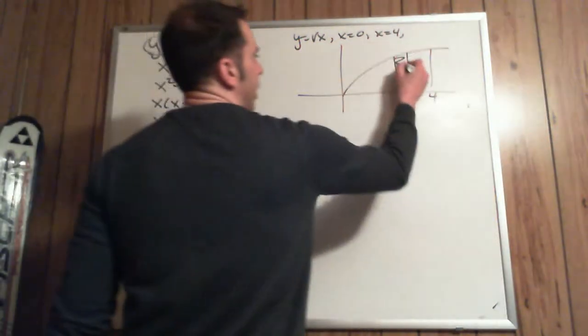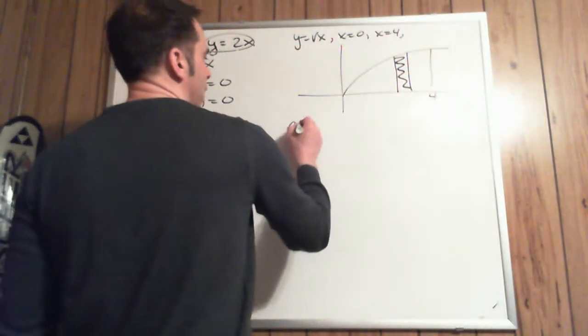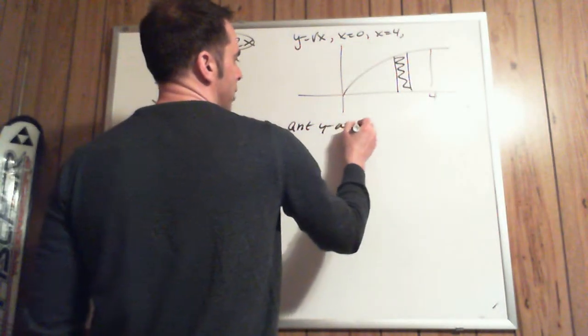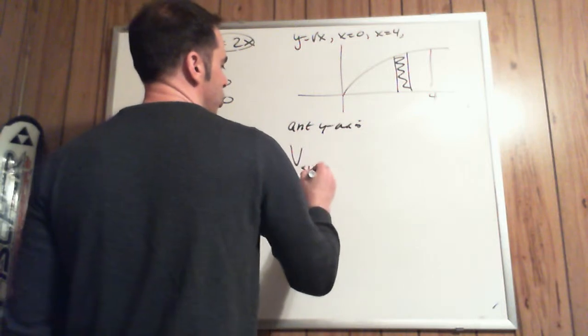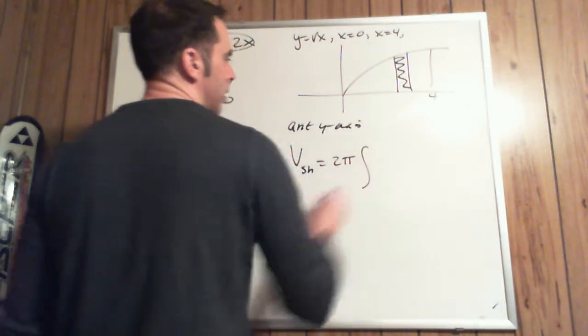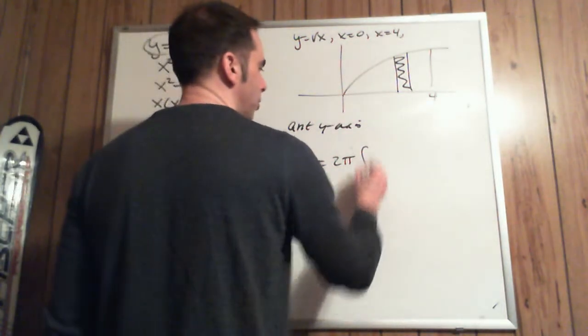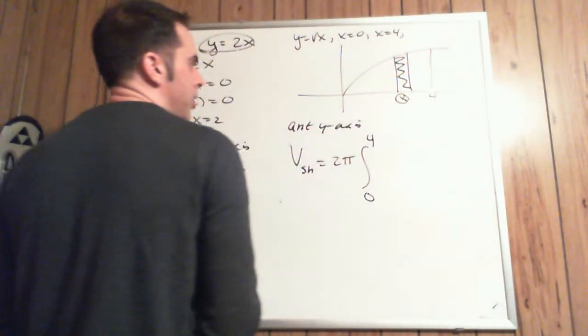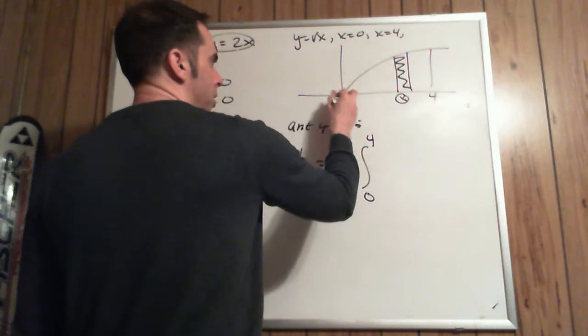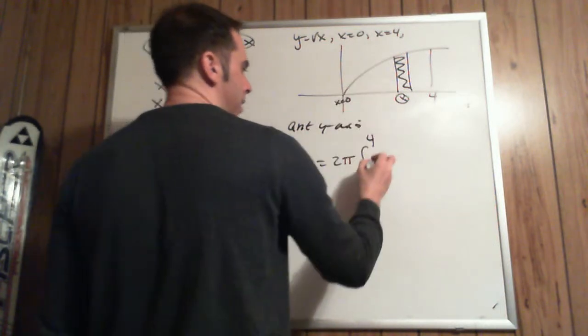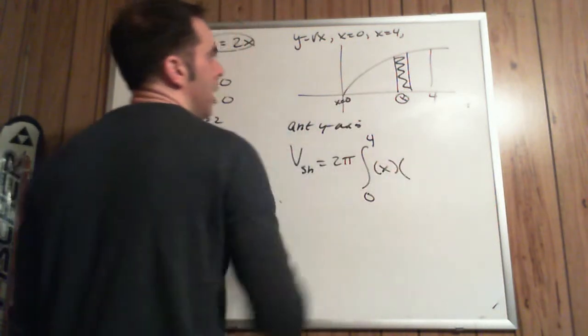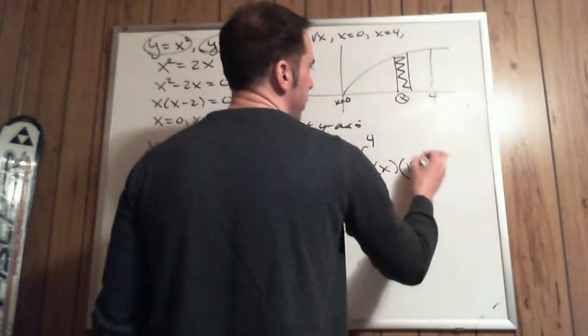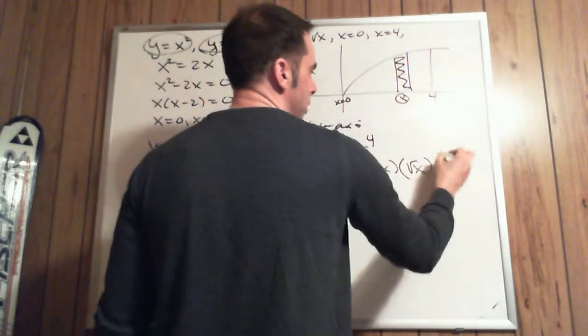So if this is my area, and I'm going to revolve that about, say, the y-axis, then it's volume by shell equals 2 pi times the definite integral from 0 to 4. The distance to the axis of rotation, it's about the y-axis, so here x equals 0, so it'd be x minus 0 or just x. And the height of that one rectangle would be root x minus 0 dx.